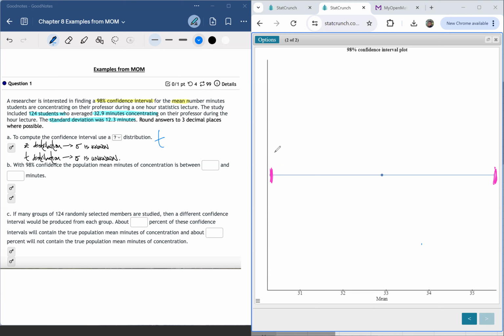And so I had estimated this is about 30 and this is about 35.5, but I don't know the exact values. And I know that my OpenMath is going to want me to type in the exact values. Okay. So let me go ahead and erase my estimates. All right. And I'm going to go back to the slide that I actually flipped through really quickly earlier.